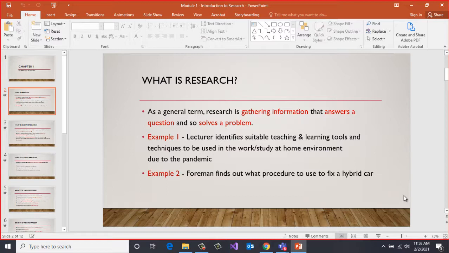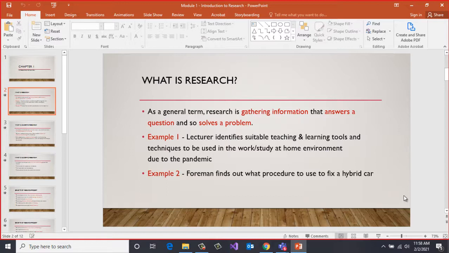Because at the level of that particular BSE student, developing a website, especially a static page, is a routine thing, something we expect you to be able to create without lots of research. So although it's the same thing, creating a web page is research for a primary school student, but for a final year BSE student, it may not be considered research.